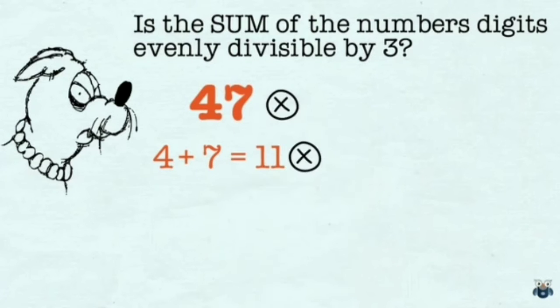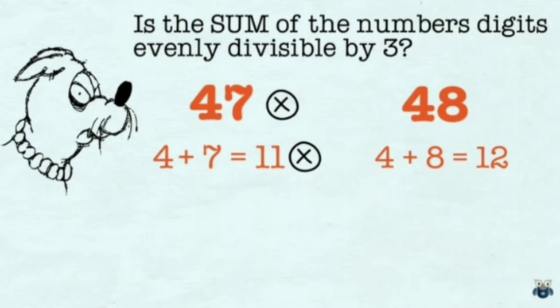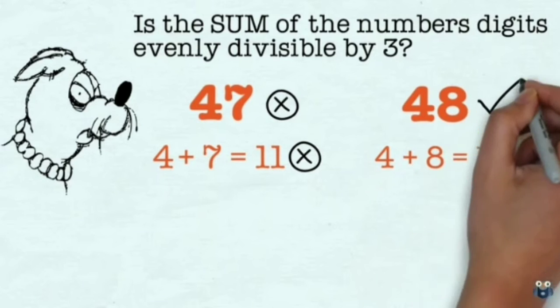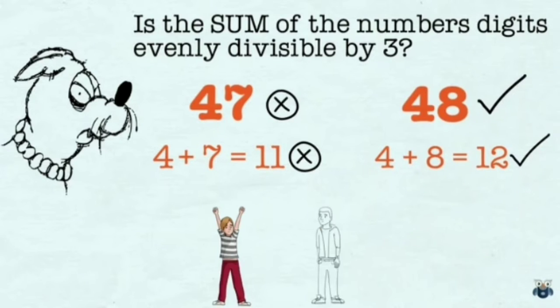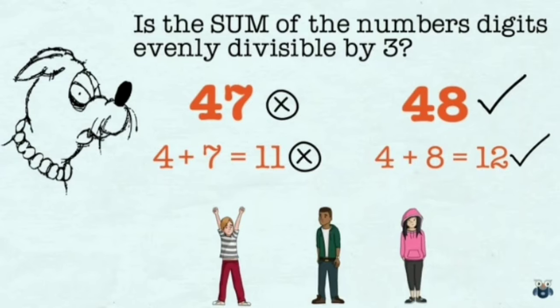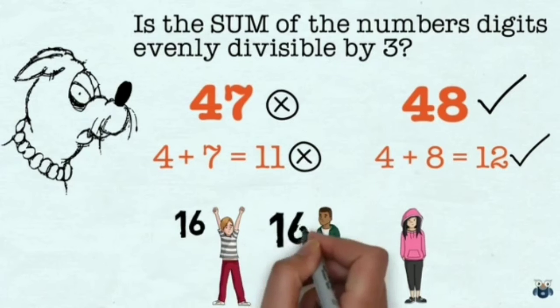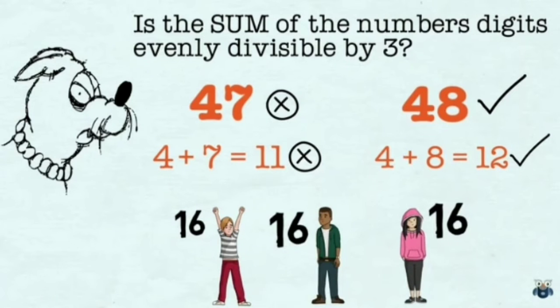So 47 too is not divisible by 3. However, 48 is divisible by 3 since its digits add up to 12, and 12 is divisible by 3. So instead of using 47 as the bill amount, you could have used 48. This would mean that each of you contributed $16.